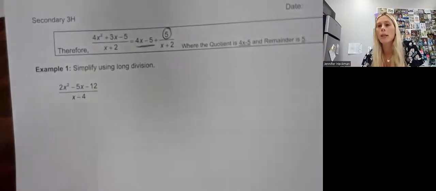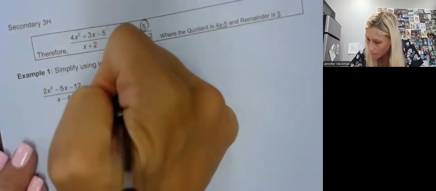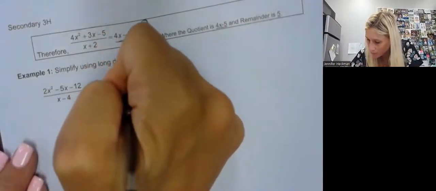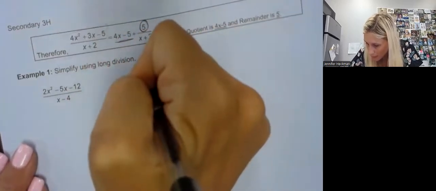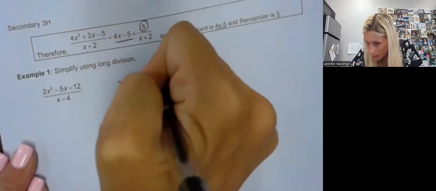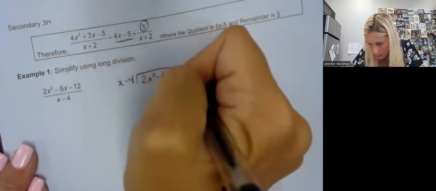So let's do some of these together. Okay, so of course I'm going to set this up. What I'm dividing by goes on the outside. I have 2x squared minus 5x minus 12.